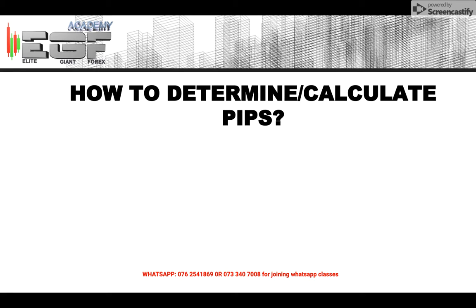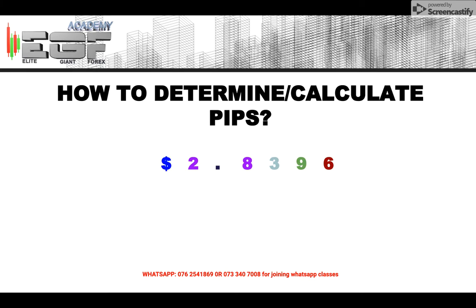How to determine or calculate pips? In this example, we are going to use this one, a dollar. The last number represents a pip. If it's a 1, it means it's 1 pip. If it's a 2, it's 2 pips, up to 9 pips.